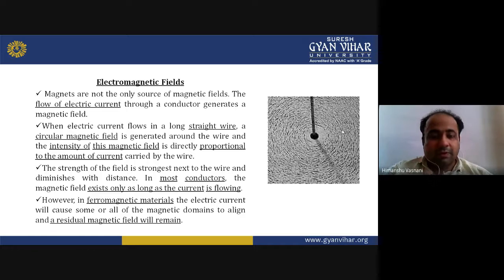I repeat once again, then you'll understand it better. See, when the current is flowing in a long straight wire, a circular magnetic field is generated around the wire, along the wire from where the current is flowing. And the intensity of this magnetic field is directly proportional to the amount of current carried by the wire.